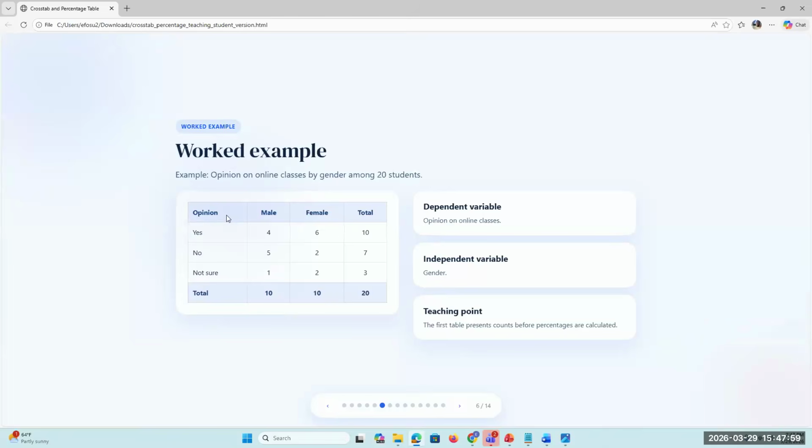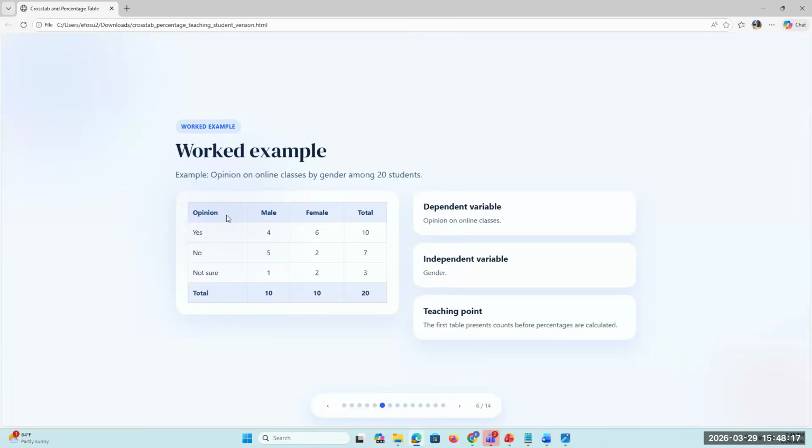Yes. The arrangement of the row and column, or the representation of the dependent variable and the independent variable on the table, is important, because it will form part of your understanding of the question, and it's going to form part of being able to get marks for the question.